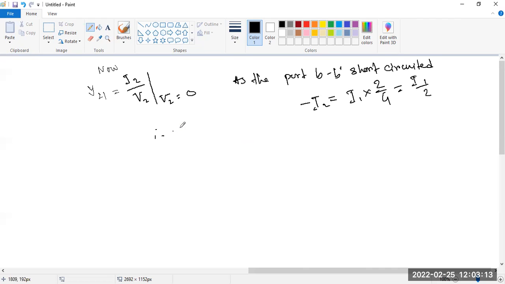So minus I2 equals V1 by 4, and Y21 is minus 1 by 4.